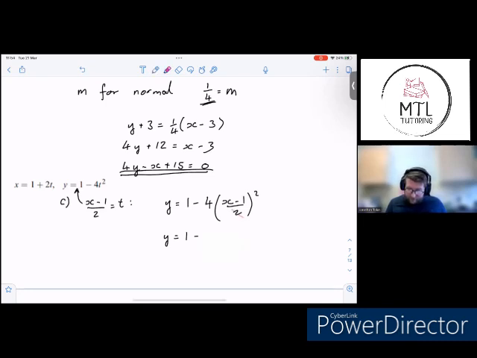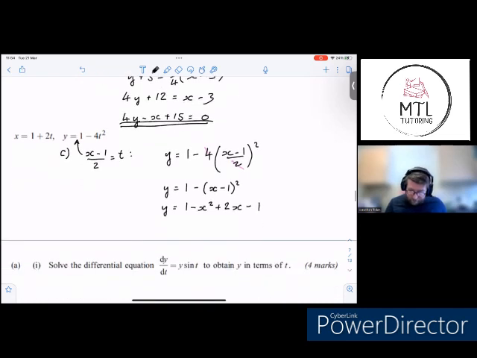Because we get this squared is 4 and that cancels with that. So we're just going to be left with x minus 1 squared, which is minus x squared plus 2x minus 1. So y equals 2x minus x squared.